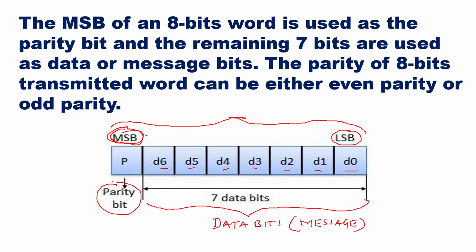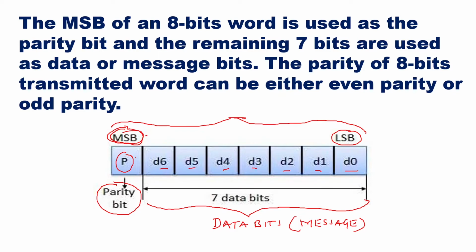This bit will indicate, including this bit, how many logic ones there are in the total 8 bits. Including this bit, if the number of logic ones is even, then it is even parity. And if it is odd, then it is odd parity.